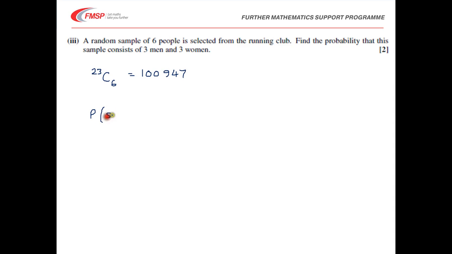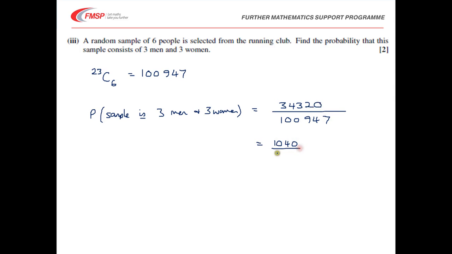So out of that, the probability that the sample is 3 men and 3 women must be, out of the total number of samples, 100,947, the number of ways of choosing 3 men and 3 women, which we worked out on the previous slide, 34,320. That simplifies to 1,040 over 3,059, which isn't particularly nice, so a decimal answer is more appropriate. That's given to 3 significant figures.